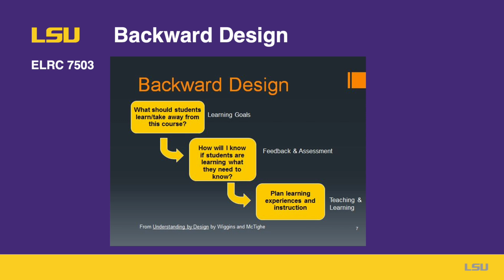While many of us may have intuitively used the backward design in our daily work, Grant Wiggins and J. McTighe's book helps formalize and justify the process of the backward design approach.